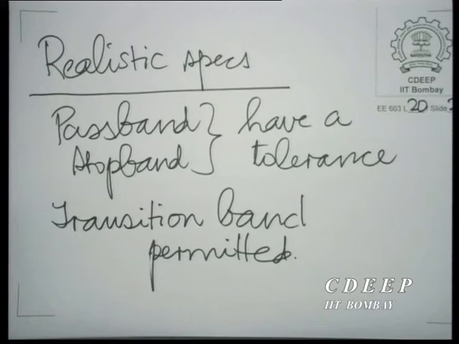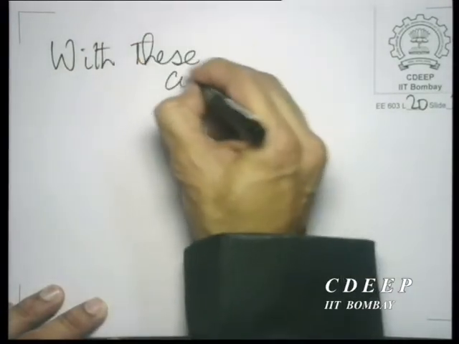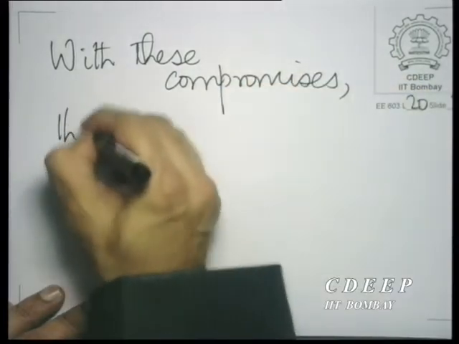Now, given that you have allowed for a non-zero tolerance in the pass band and the stop band, or pass bands and stop bands as the case may be, and that you have allowed a transition band, the resultant specifications are always realizable. We noted that. So, with these compromises, the discrete filter is realizable.